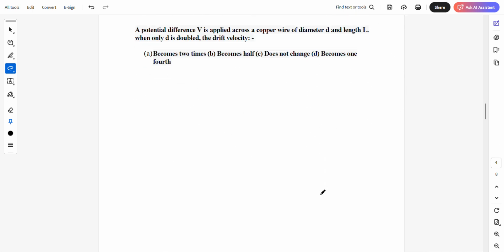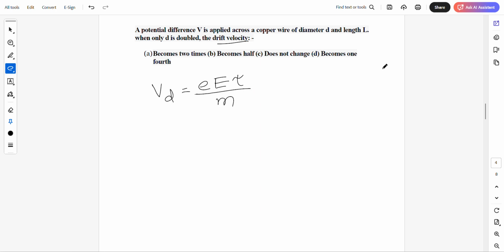Next problem. Here a potential difference V is applied across a copper wire of diameter d and length L. When only d is doubled, the drift velocity. Now we have one relationship between drift speed and electric field: v_d is equal to E tau, relaxation time, divided by m.